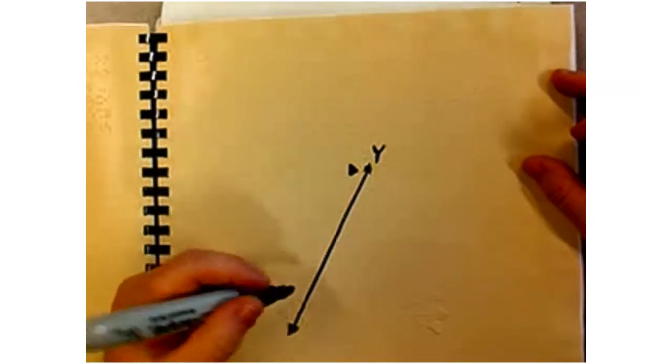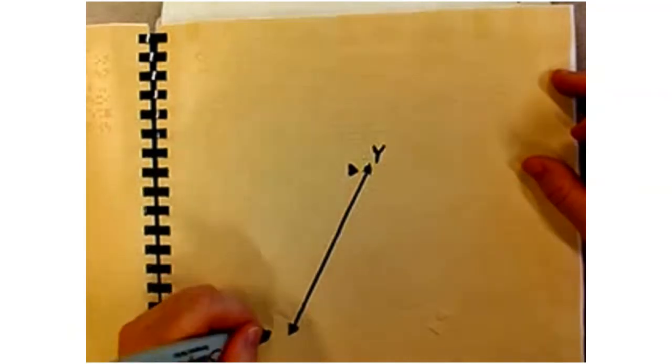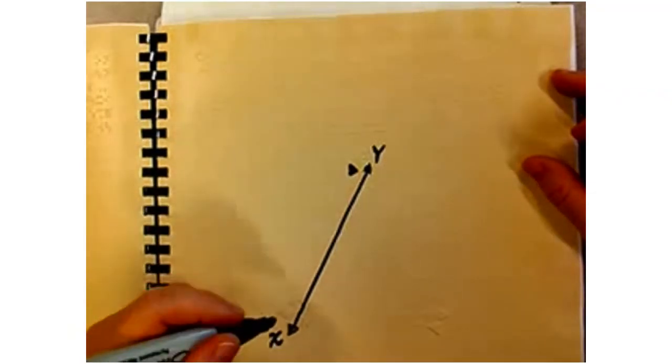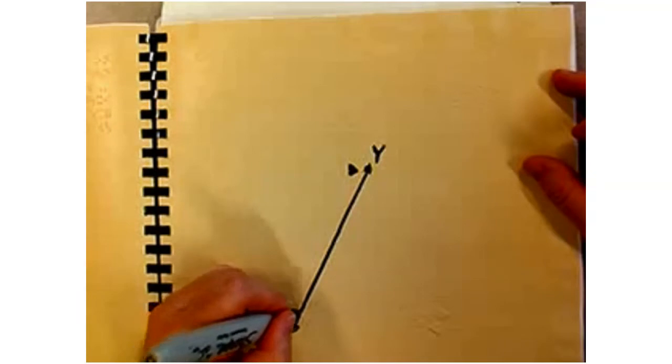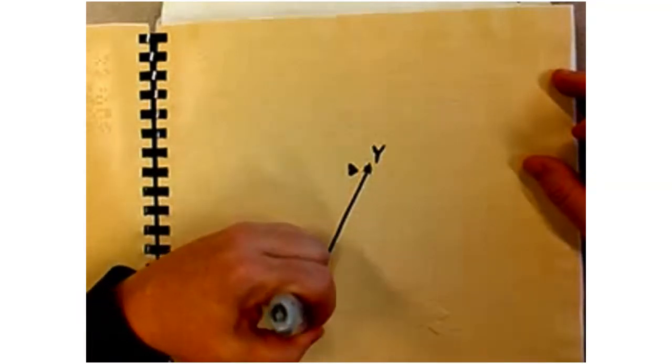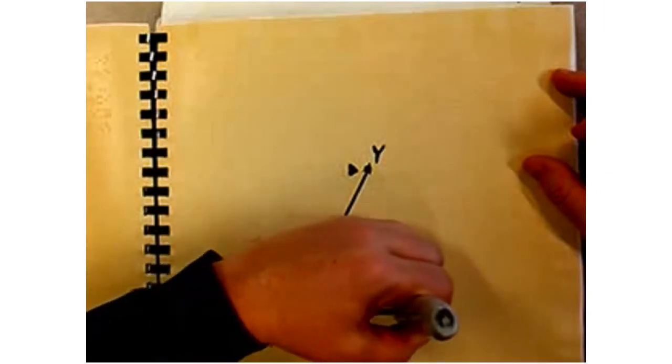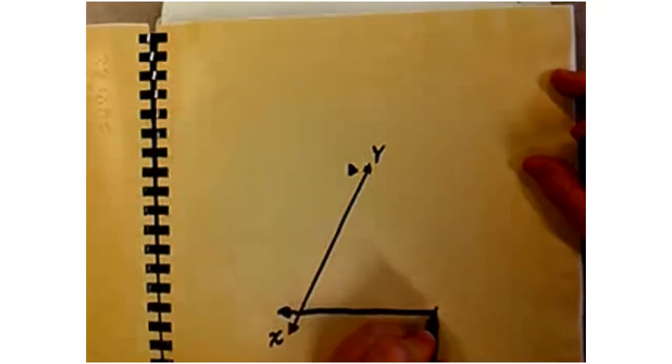That's one side of your triangle, and that goes through vertex X. And from vertex X, you have another arrowhead, and you follow that immediately right through a line through another arrowhead. And they've labeled that vertex Z.